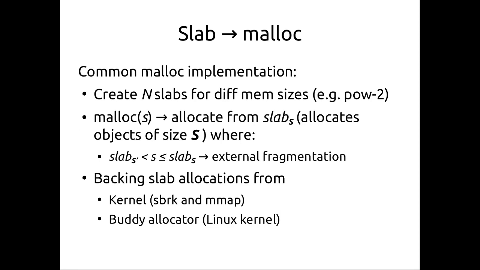So KMalloc within Linux is actually implemented this way, and uses a BuddyAllocator as its backing memory and coalescing scheme. So you can actually use both of these things, the slab and the buddy, together to implement malloc. And it's not uncommon. There are actually malloc implementations for user level that do effectively the same thing. So it's pretty common.